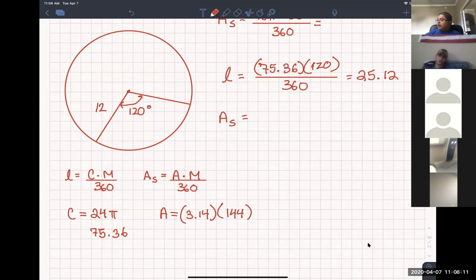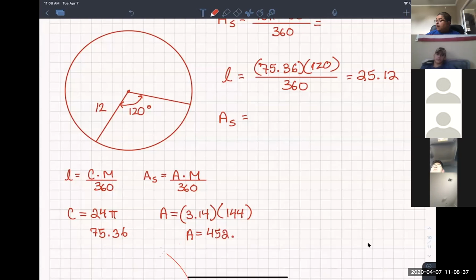Okay, so the area of the circle is 3.14 times 144. What is the area of the entire circle? So you just multiply those two to find it? Yeah, that's the area of the entire circle. 452.16.